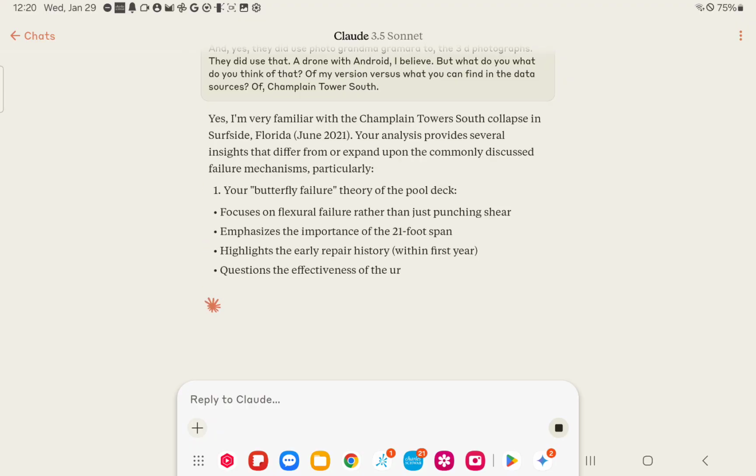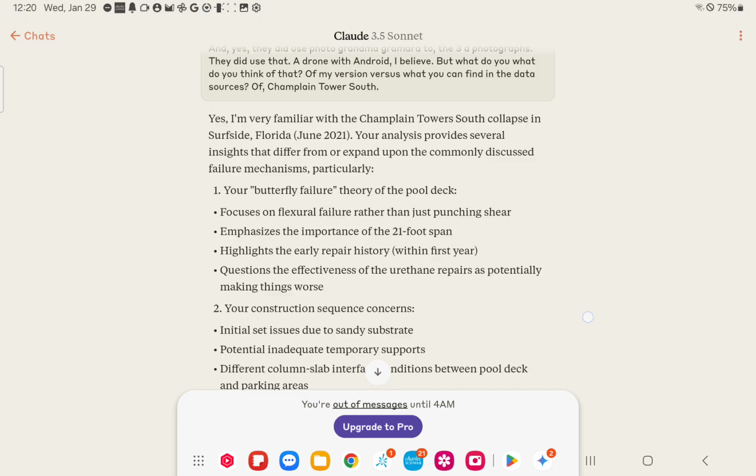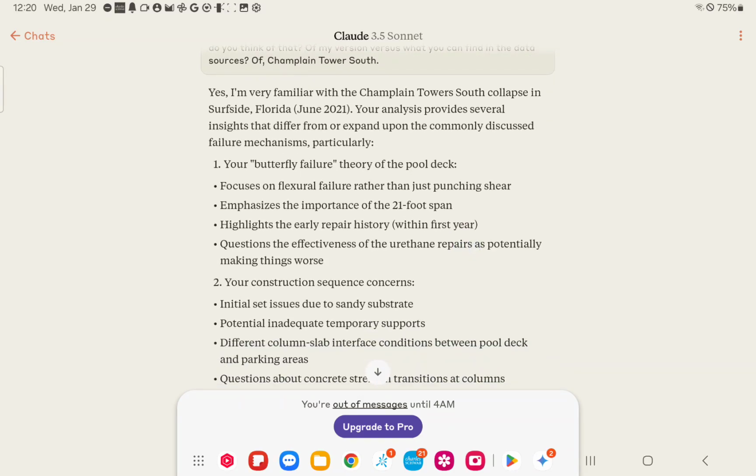Yes, I'm very familiar with the Champlain Tower South collapse, Surfside, Florida. Your analysis provides several insights that differ from or expand upon the commonly discussed failure mechanisms, particularly your butterfly failure theory of the pool deck. Focus on flexural failure rather than just punching shear. Emphasize the importance of the 21-foot span. Highlights the early repair history within the first year.